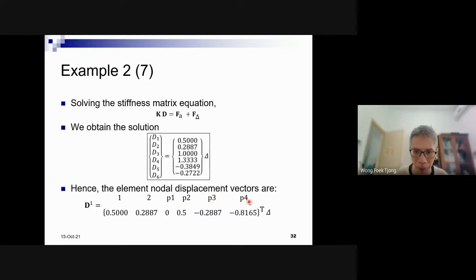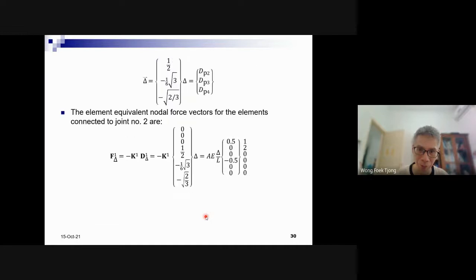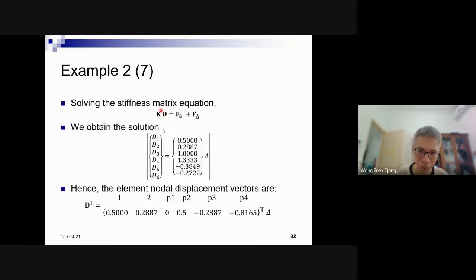P1, P2, P3, P4. So for 1, 2, we copy from here, while the rest we copy from the inactive degrees of freedom. This is 2, 3, 4. That's the prescribed displacement, from here. All in delta, because this is all in delta.